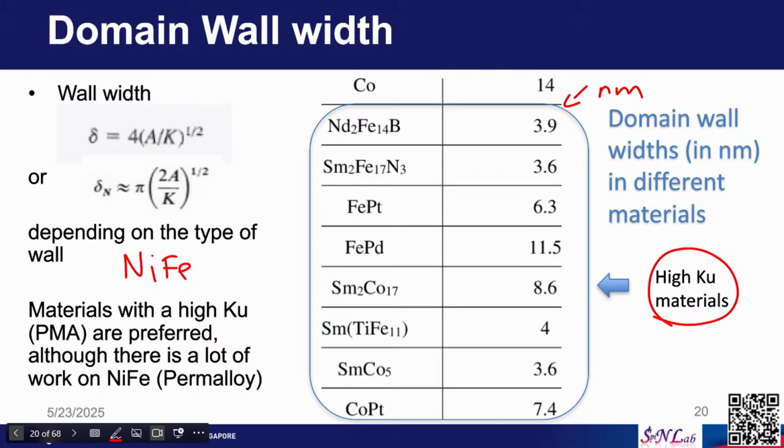But permalloy will be like several micrometer width. So, the domain wall widths are in nanometers for the different materials in this table. And as I mentioned, a lot of people worked on permalloy, but that is okay for a starting investigation.